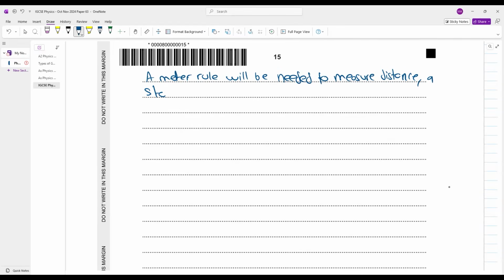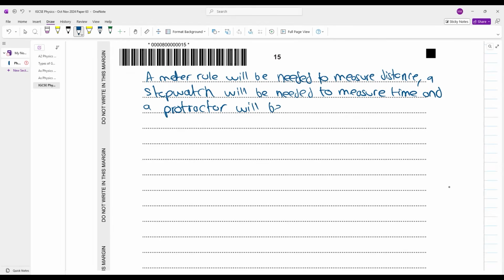Stopwatch will be needed to measure time, and protractor will be needed to measure the angle. अच्छा जी, उसके बाद क्या लिखा हुआ है?